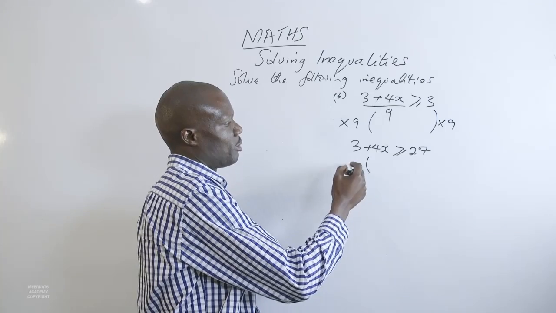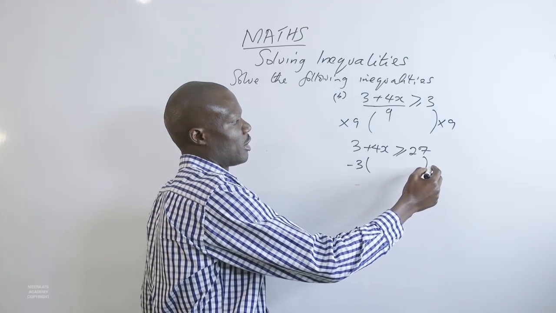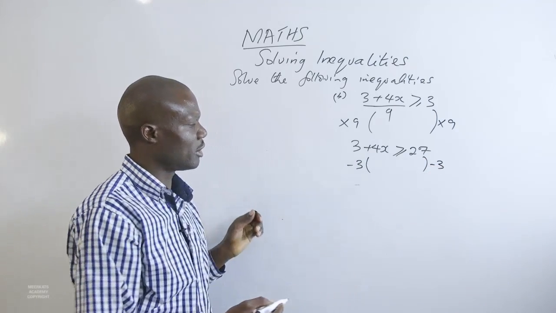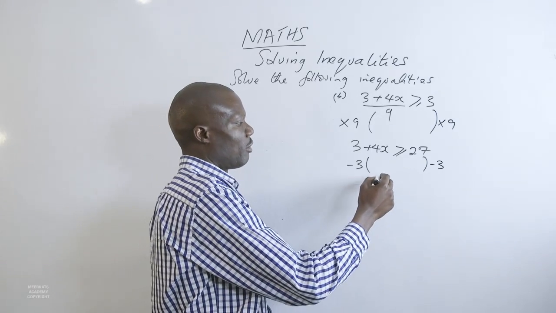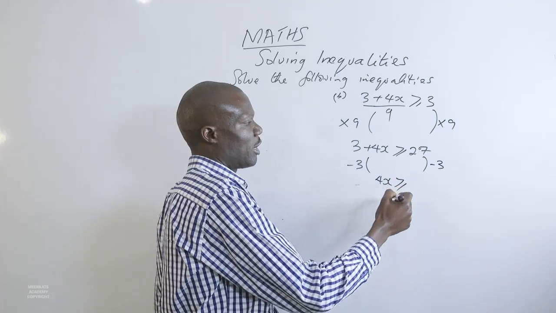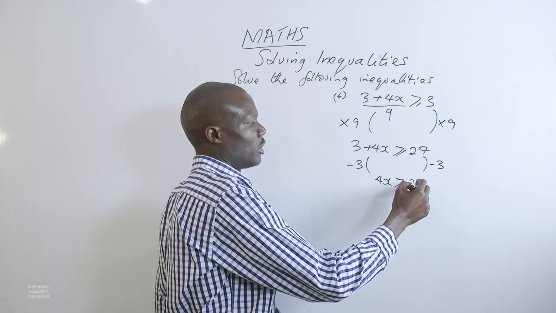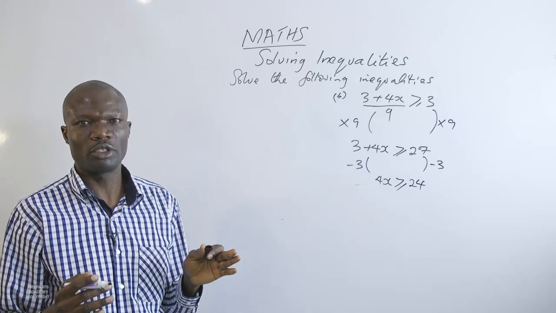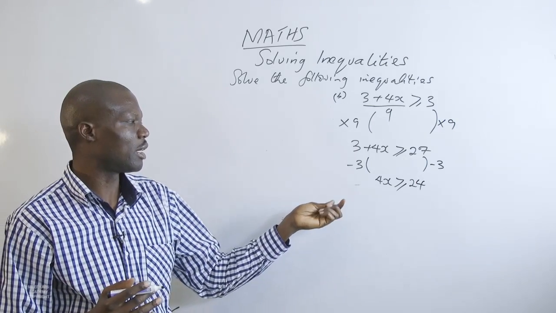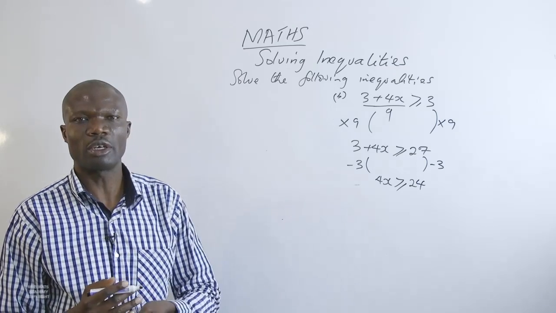So we shall subtract 3 on both sides. When you do that, you remain with 4x is greater than or equal to 24. We want to find all the values of x that satisfy the inequality that we have.